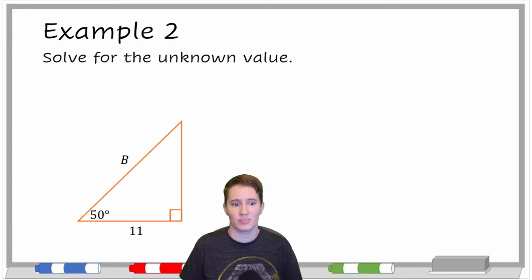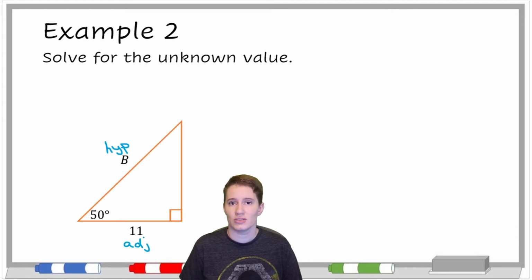Okay, on example 2, same instructions, solve for the unknown, new triangle, different angle, different side length, and so let's figure out what sides are being talked about here. This B is across from a right angle, so it is the hypotenuse. Notice this is not B as in the Pythagorean theorem, because in the Pythagorean theorem, the hypotenuse is C. And then right here, this 11 is our adjacent side, because it is next to 50 degrees.